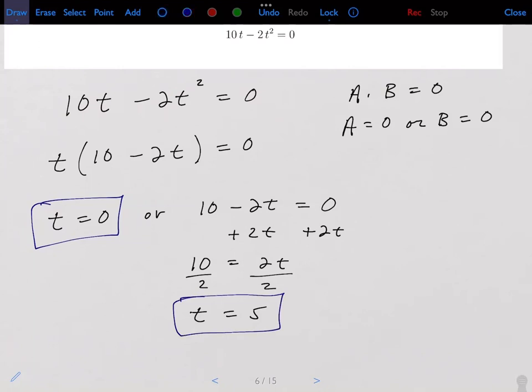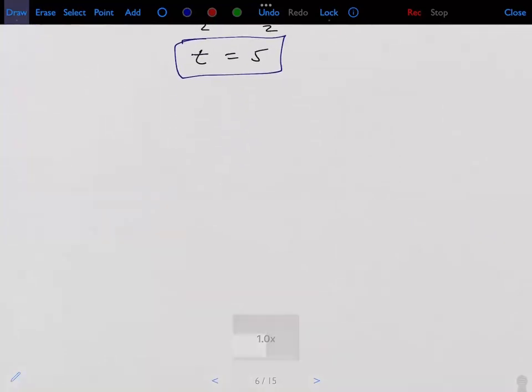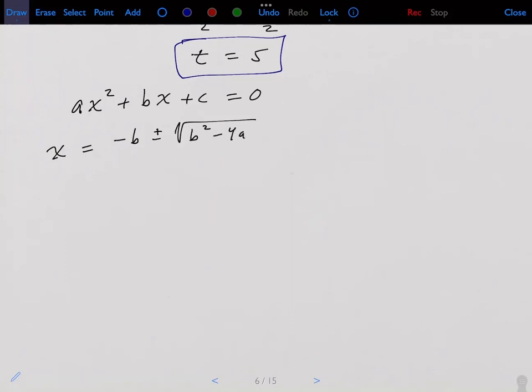Now, the other way you could have done this is you could have used the quadratic formula. So remember, if you have ax squared plus bx plus c is equal to 0, then the solution is x is equal to minus b plus or minus the square root of b squared minus 4ac, all over 2a.